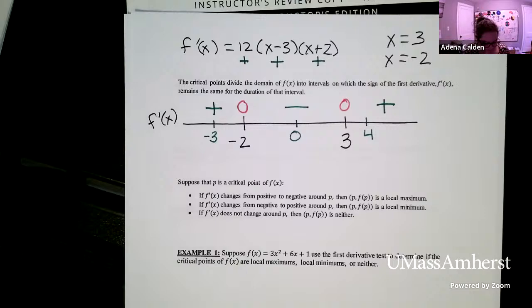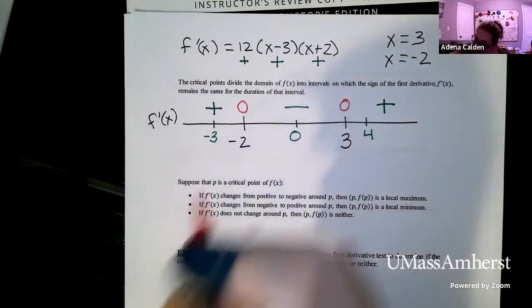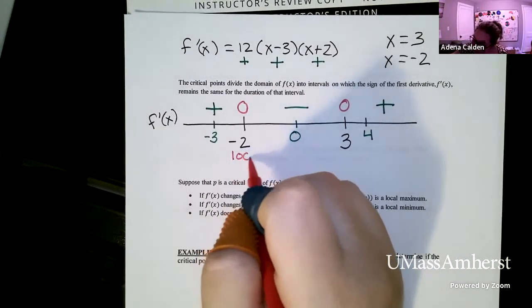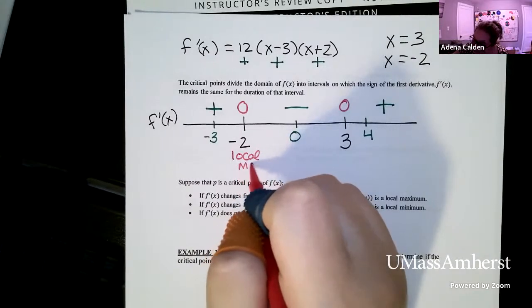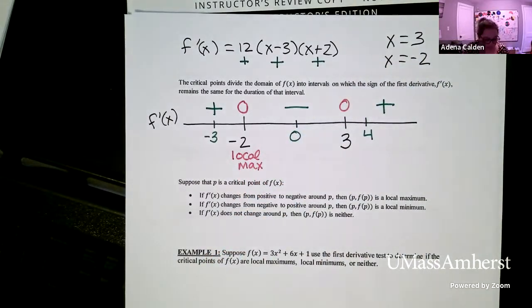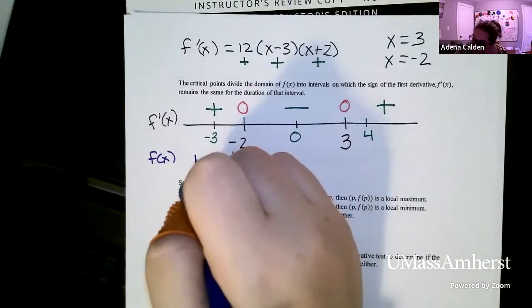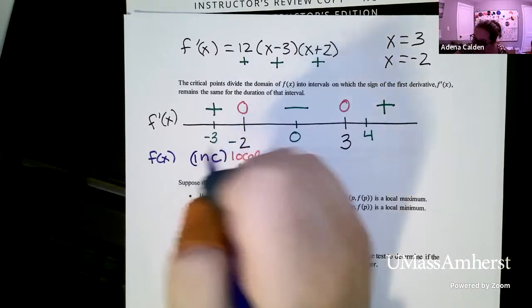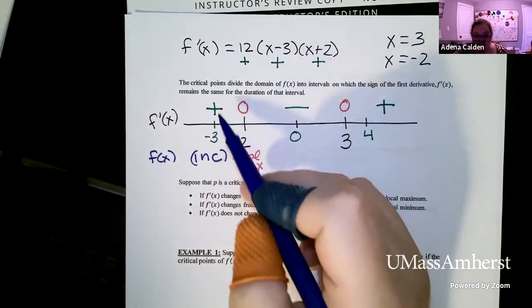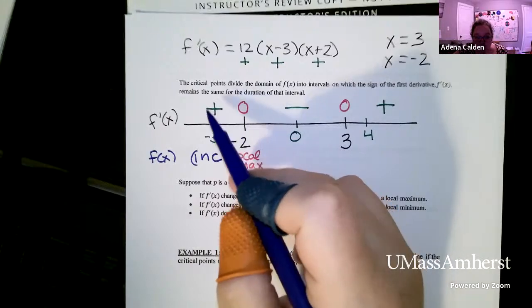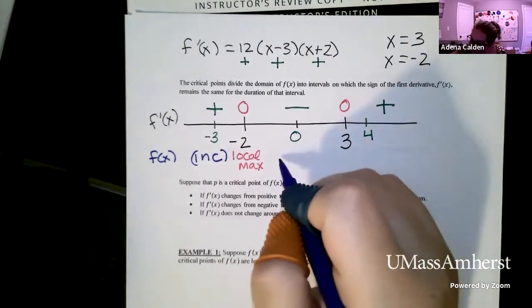So here, that's going to help tell us that -2 is a local maximum, again, because on the original function, we are going to be increasing to the left of -2 because the derivative is positive.